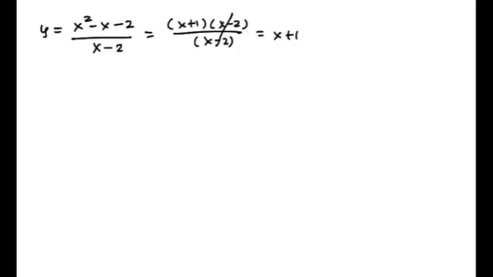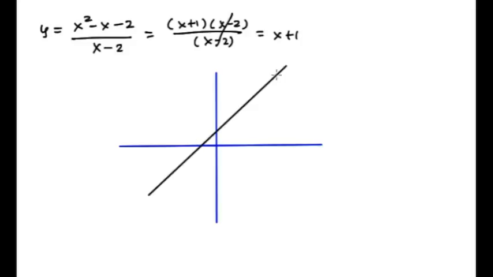So the graph of this function is going to be quite similar to the graph of x plus 1. In fact, it is exactly the same at all points except one little point here. And this is going to be when x is equal to 2. So this hole exists when x is equal to 2, and this y value is f of 2.